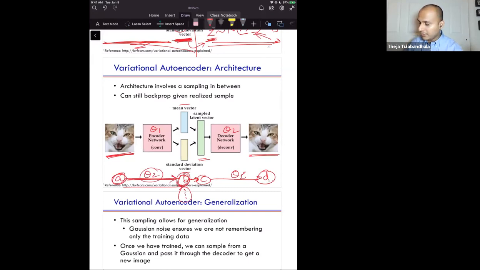Okay, so P of Z we said is a Gaussian. In fact, we want P of Z to be Gaussian with zero mean and standard covariance. Okay? So that's our preference, and so we also want to change theta, I guess theta 1, so that the z's that we're getting here are close to normal 0 comma I.